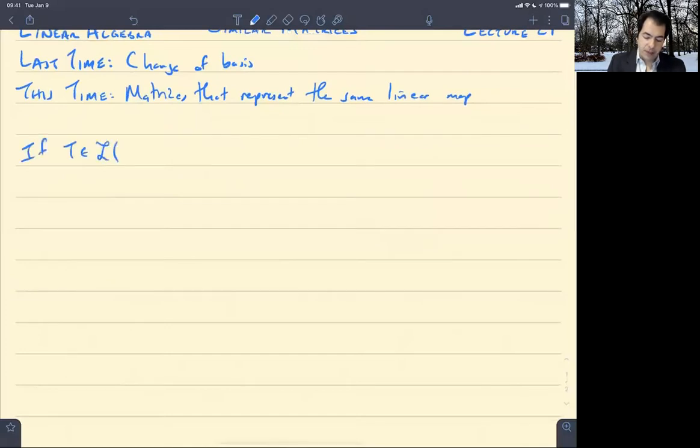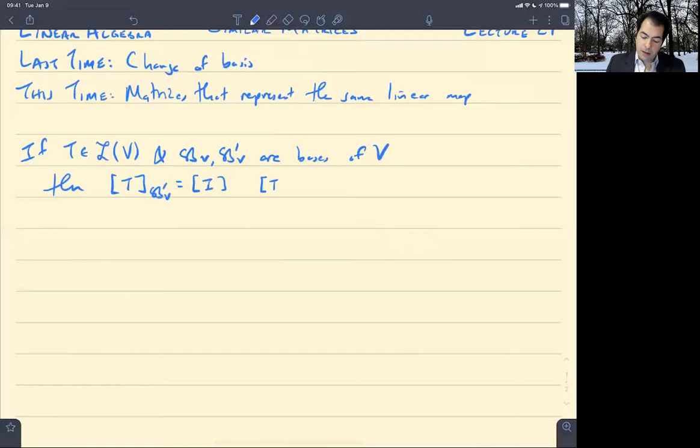If T is a linear map from a vector space to itself, and you have two different bases of that vector space, then the matrix associated to T with respect to the basis B prime is related to the matrix associated to T with respect to the basis B by multiplication by two change of basis matrices. This one would start with the basis B prime and end with the basis B, and this one would start with the basis B and end with the basis B prime, right?